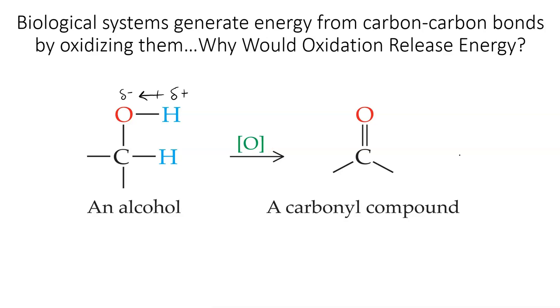Also, some of that electron density from the carbon is going to get pulled towards the oxygen. The case on the right-hand side with the carbonyl compound, that C double bonded to oxygen, it's the same thing. We have a partial negative and partial positive. Electron density is flowing towards the oxygen. But now we have two sets of electrons in there rather than just one set.